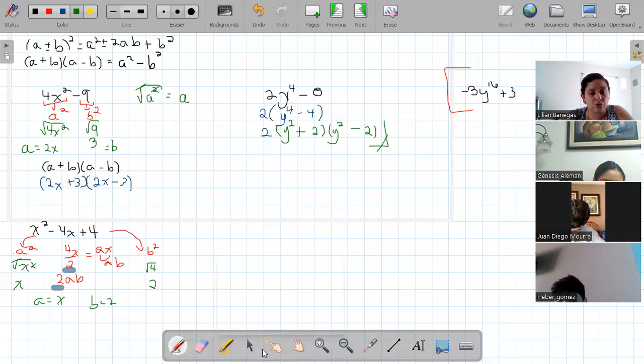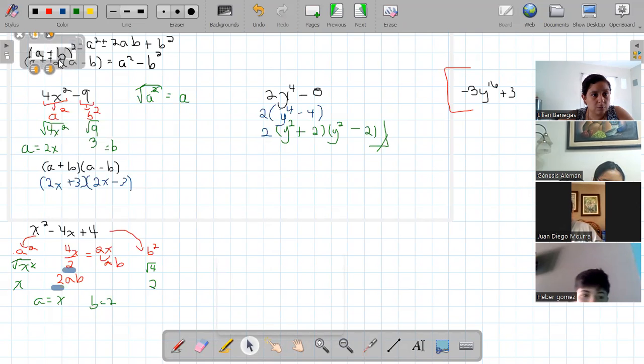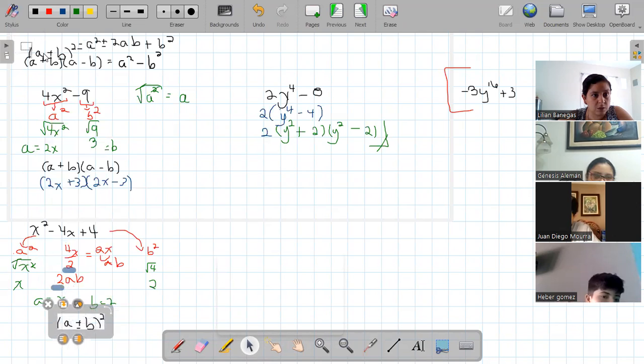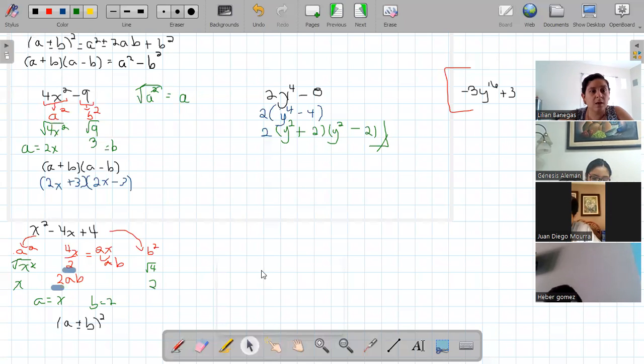So my final answer is going to be this formula over here. I'm going to use this formula. Let me place that one up here again. And I'm going to simplify and substitute for a and b in my parentheses, okay?